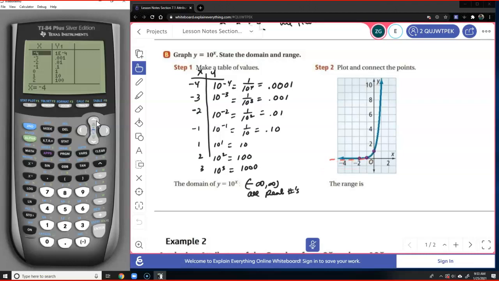It will never cross the x-axis, so the range is y greater than 0. And this is also an exponential growth model.